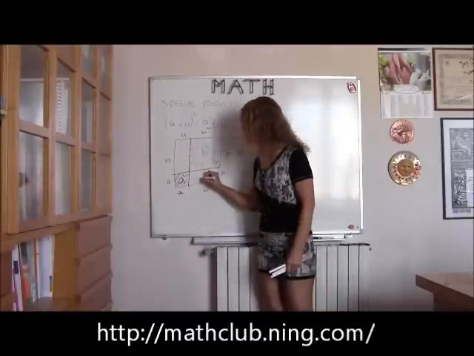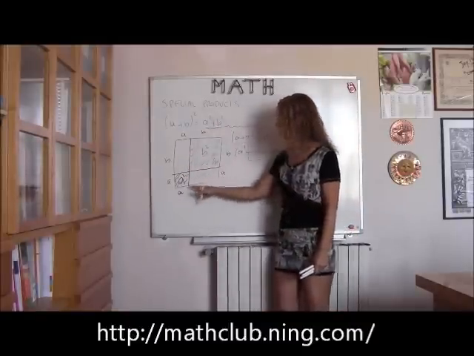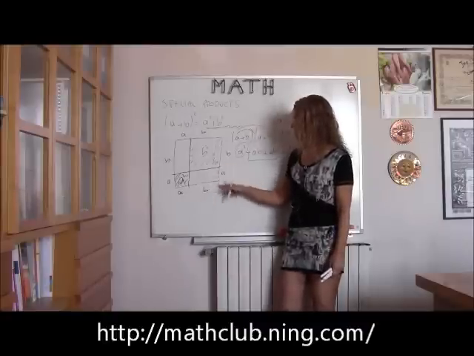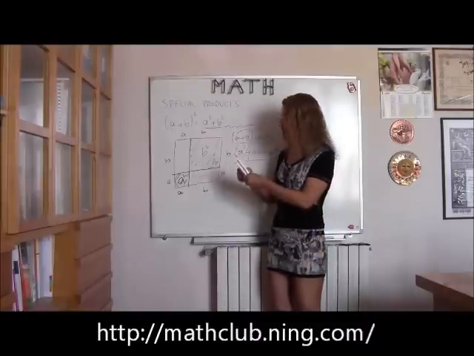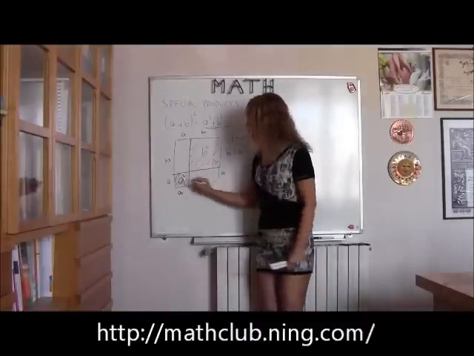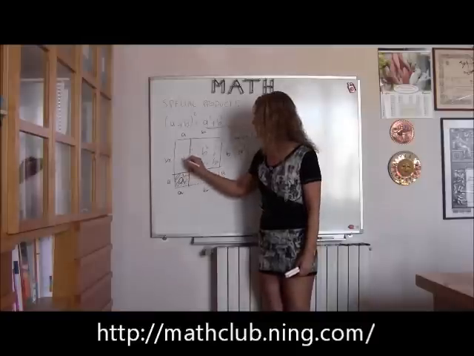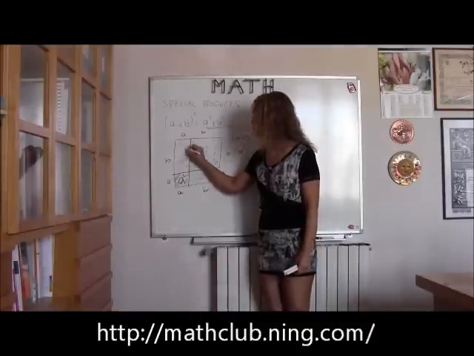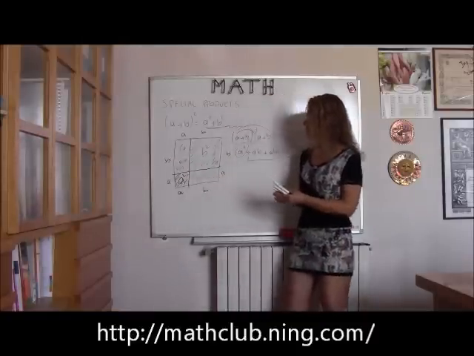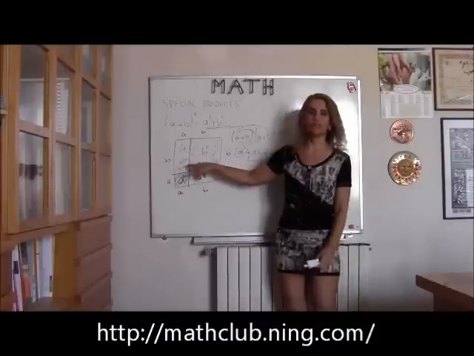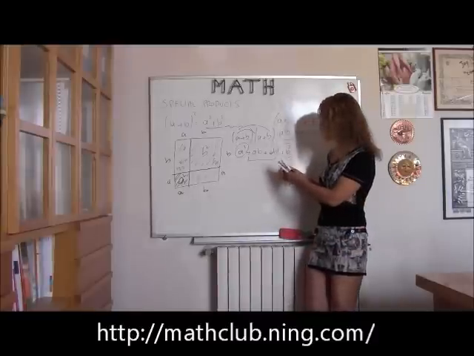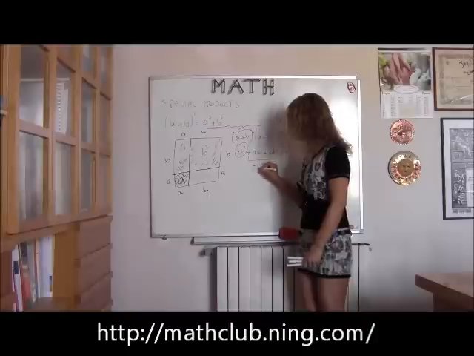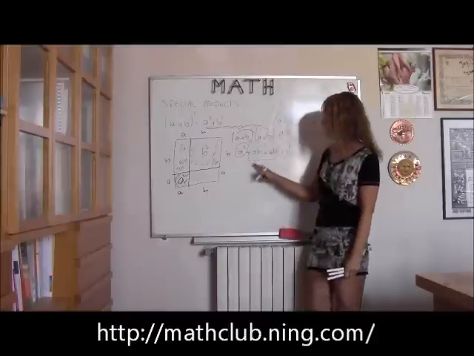But there is another part here, which is a rectangle with base b and height a, and the area is ab. And this one has base a, height b, so the area is ab, all the same. And we have two of these rectangles, and they are the same, so we can sum them up and we have these two terms.